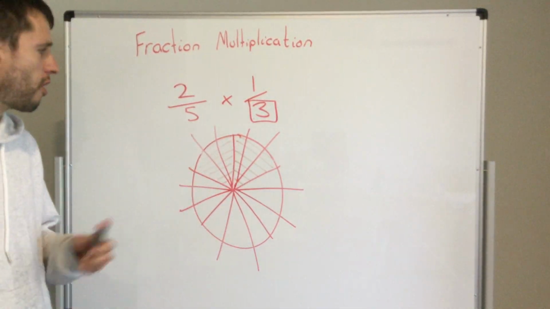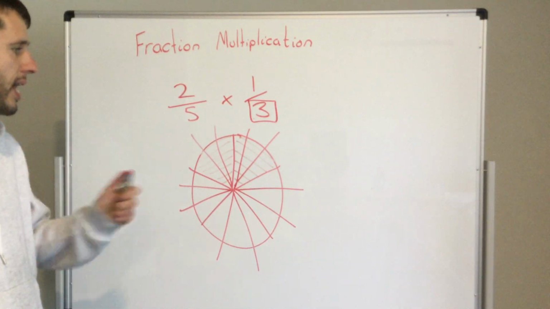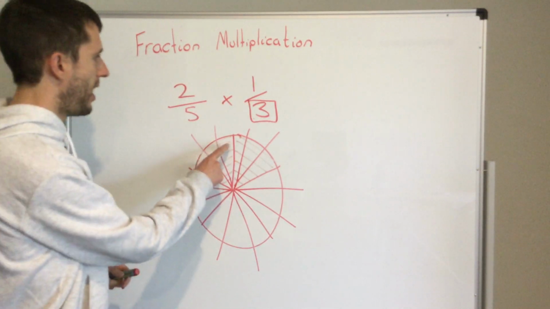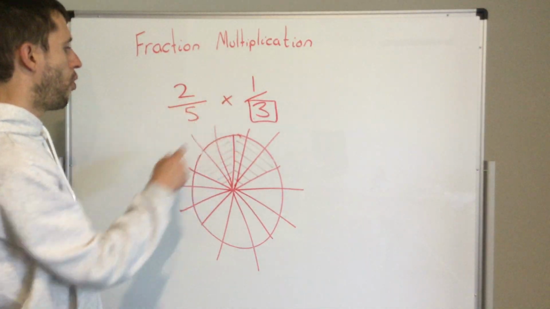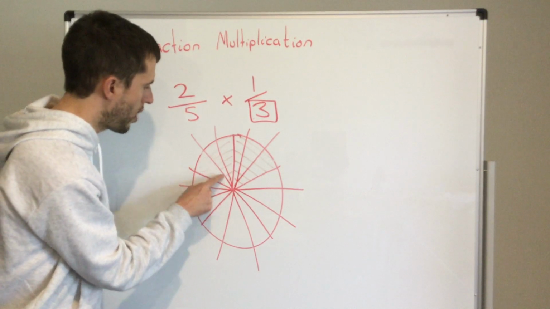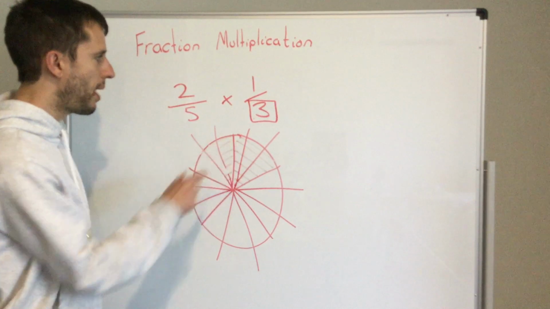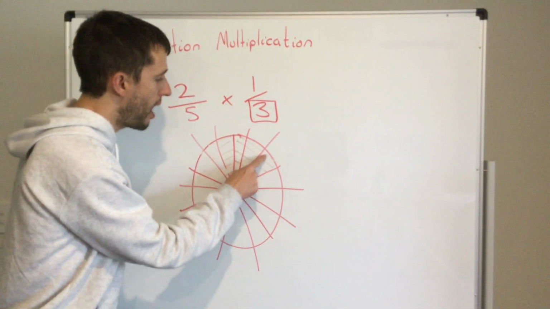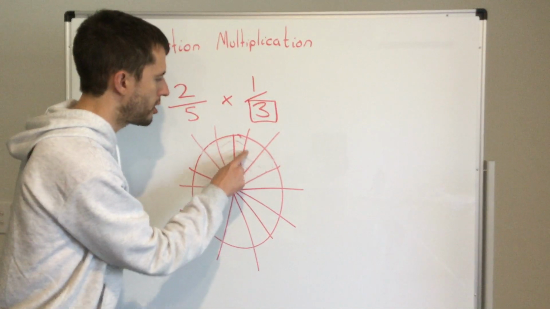So I've cut each of my pieces into 3 parts. Now I look at the next part. It says in this fifth, I only want 1 piece. So I'm going to rub out this, and I'll rub out this. In this piece here, I should only have 1/3 of it, so I'll rub out 2/3.